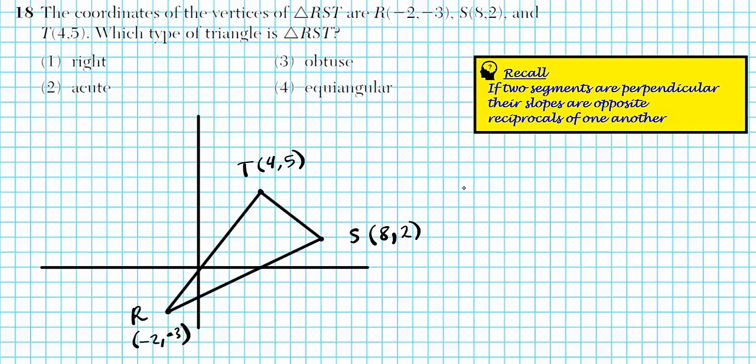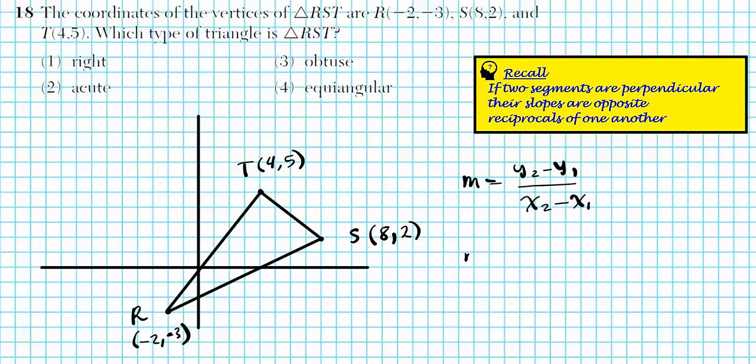Okay, so remember your slope formula. M is y2 minus y1 over x2 minus x1. Let's find the slope of RT first.